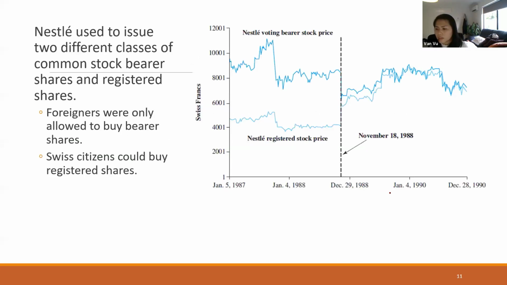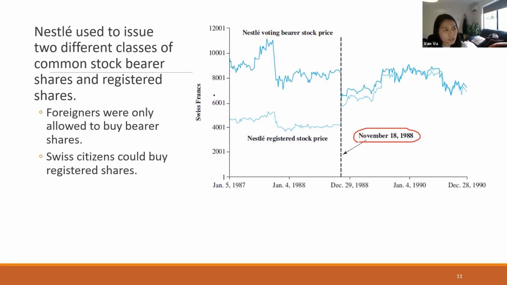As an example of how sovereign risk can affect the value of your portfolio, let's look at an example from Nestle. Nestle is a Swiss company listed on the Swiss stock exchange. We look at a regulation in 1988 which affected the classes of shares that a Swiss company can have.